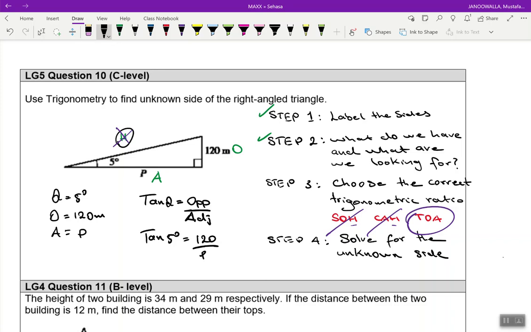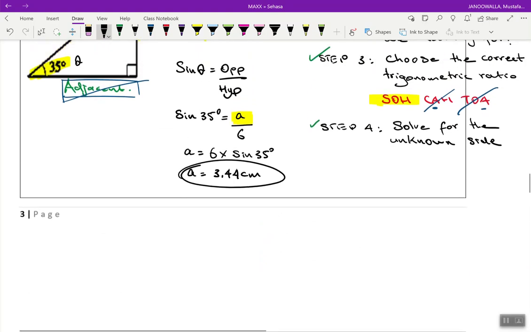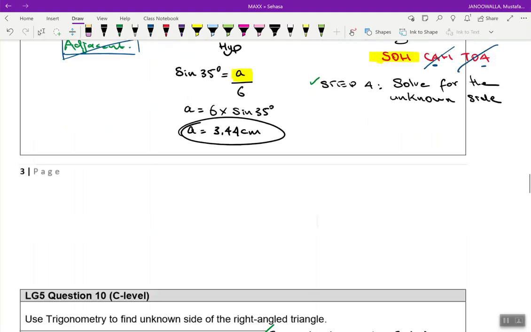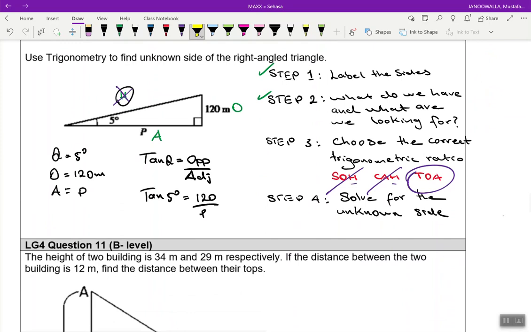Now, remember in the case at the top, when the unknown A is at the top, we just multiply 6 times sine 35. In this case, our unknown is at the bottom, so what we have to do is swap those two. Where tan 5 is, you'll have P, and where P is will be tan 5.